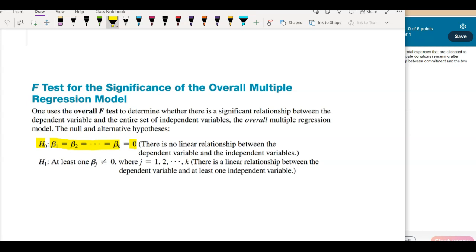This means there is no linear relationship. And H1: at least one of the BJ's can be different than 0, and J can be one of the variables from 1 to K. This means there is a linear relationship.